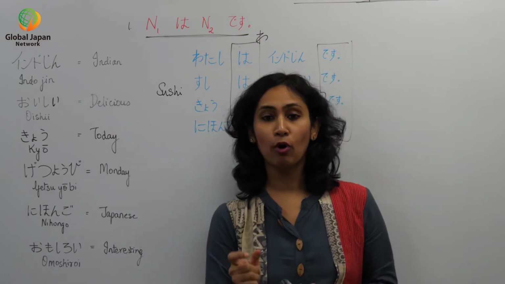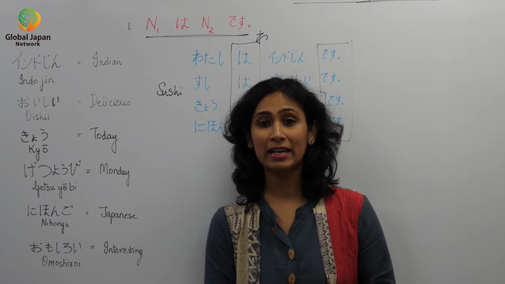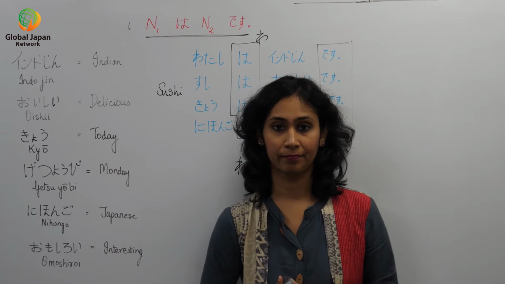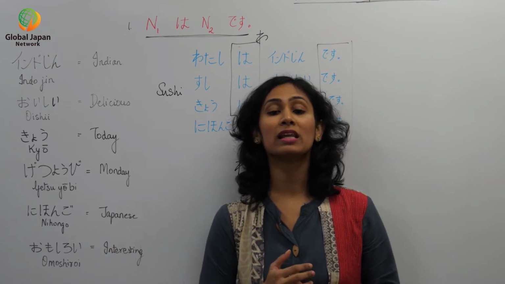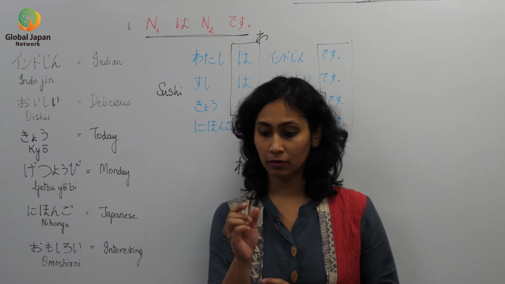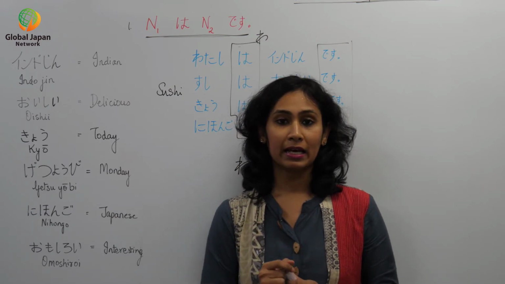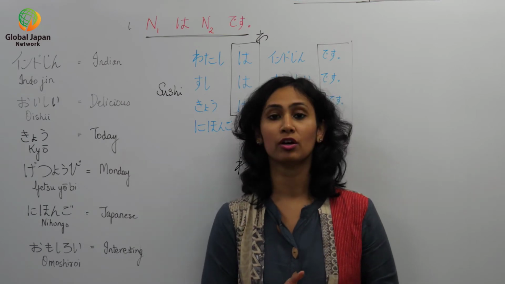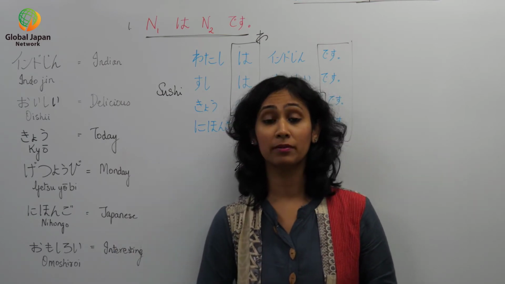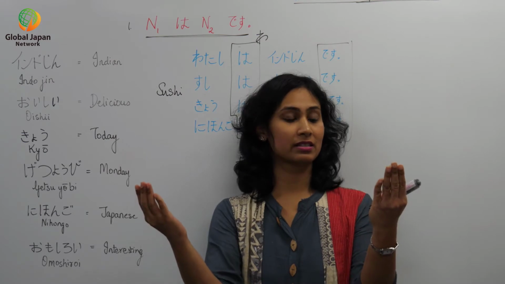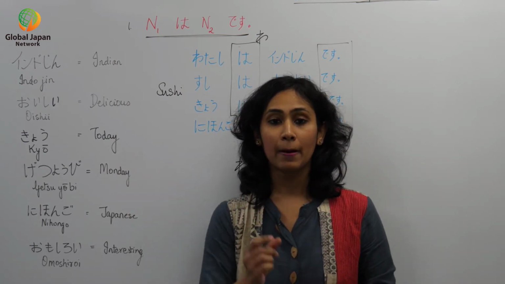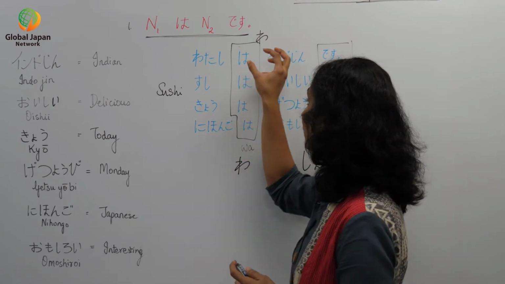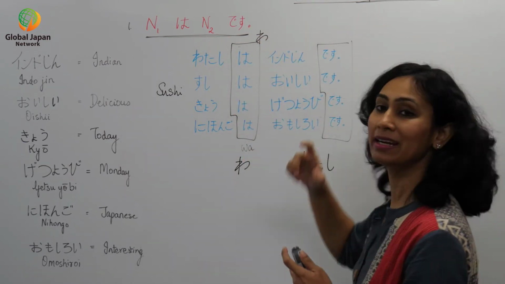Particle is the small word that is used to indicate the relation between words in a sentence. There are particles which will indicate whether that word used in a sentence is a place, whether it is used as an object, or whether it indicates direction, whether it is connecting two words. Particles basically indicate what that word is in the context of this sentence.